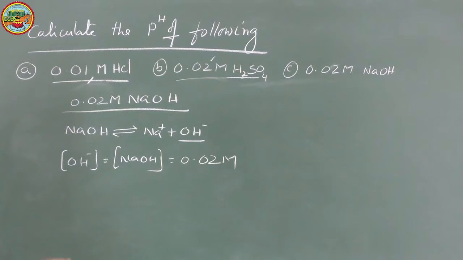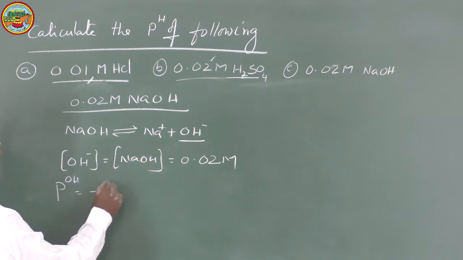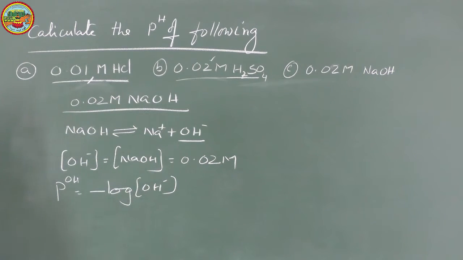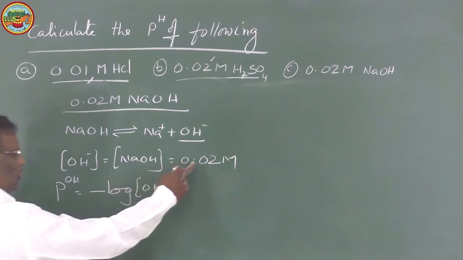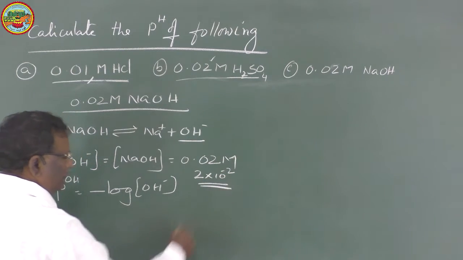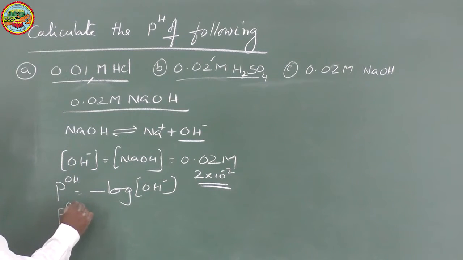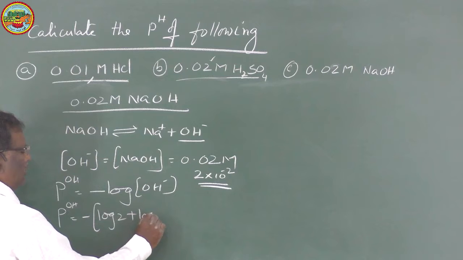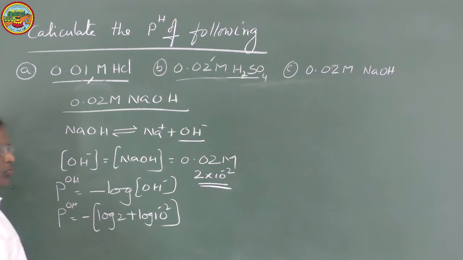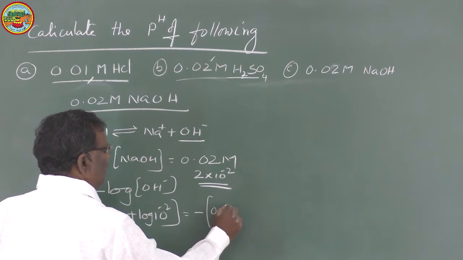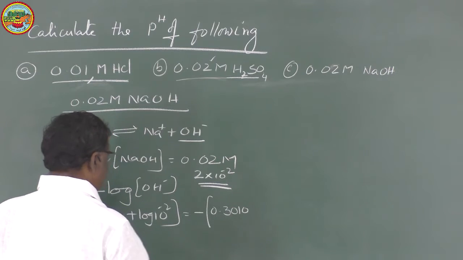Like pH, we can also consider pOH. So pOH is nothing but minus log concentration of OH minus. So this 0.02 can be written as 2 into 10 to the power minus 2. Now pOH is equal to minus of log 2 plus log 10 to the power minus 2. The log 2 value is 0.3010, minus 2.